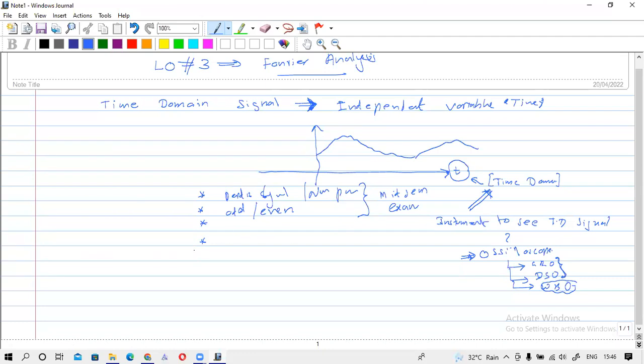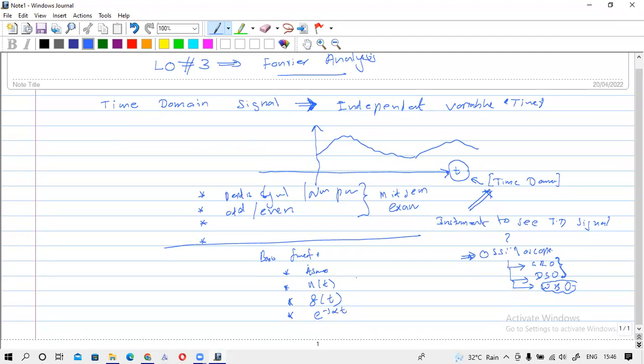And also we have discussed some basic functions. I hope you can remember we have learned about sinusoidal signal, and we have studied the unit step function, the unit impulse function, and the exponential function, complex exponential function.